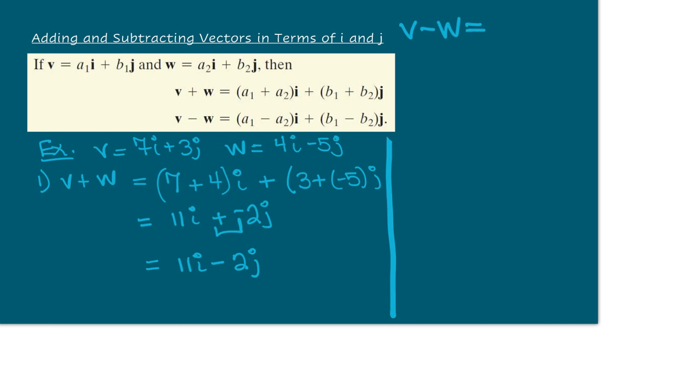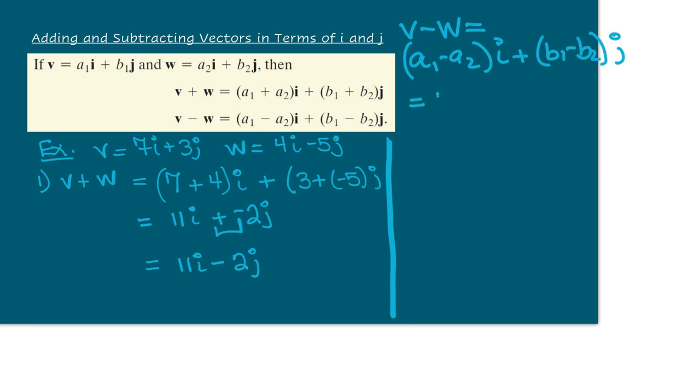I'm going to subtract like components. So it's going to be a1 minus a2 and put it with my i, plus b1 minus b2 and put it with my j. Same thing, just going to subtract this time.